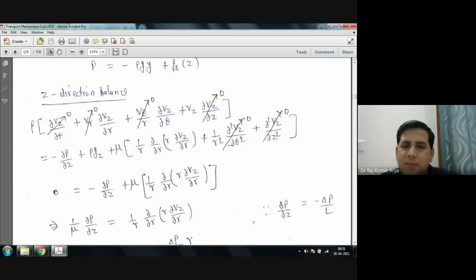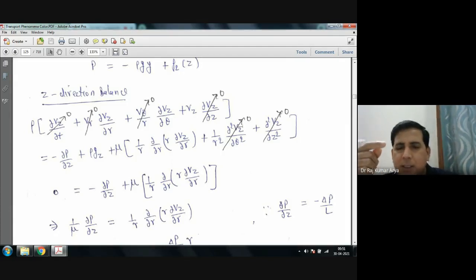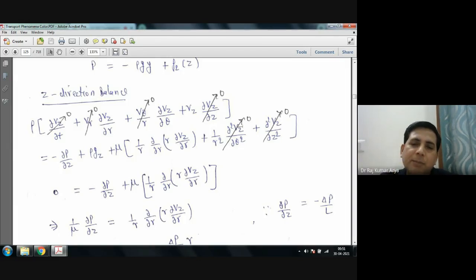So this term is getting cancelled from the condition of axisymmetric flow. Your velocity will not change with respect to the theta coordinate because your cross section is uniform. Uniform cross section means the radius is not changing at a particular position z.